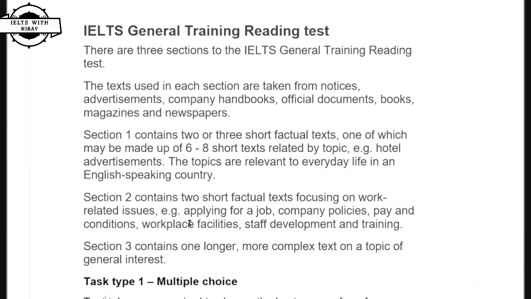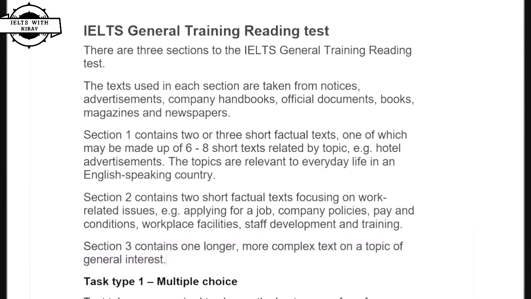The last section contains one longer, more complex text on a topic of general interest. This will be like an academic passage, but the first 2 sections will be really very easy. If you are a general student and want to score high, your focus should be on sections 1 and 2.